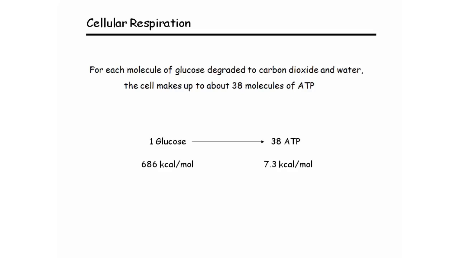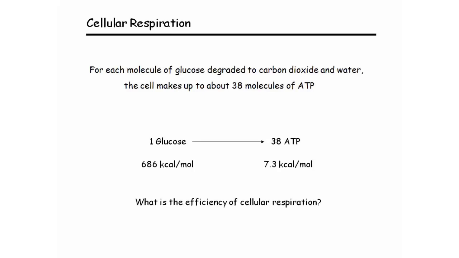in one glucose molecule, or in 1 mole of glucose, there are 686 kilocalories of energy. We're going to take that 1 glucose and we will make 38 ATPs. There are 7.3 kilocalories of energy in each mole of ATP.